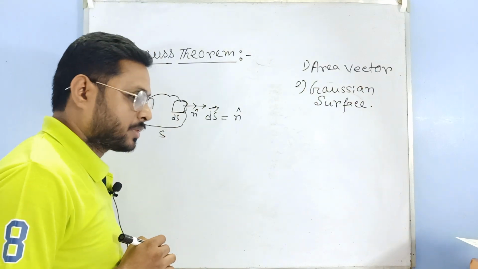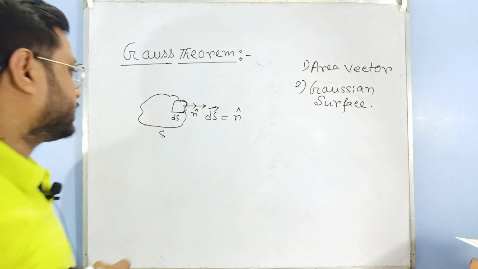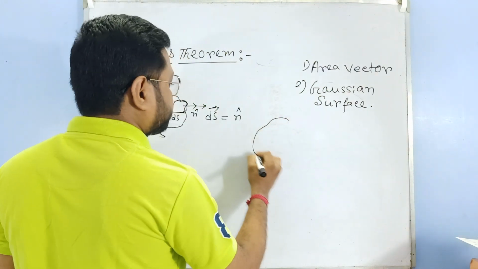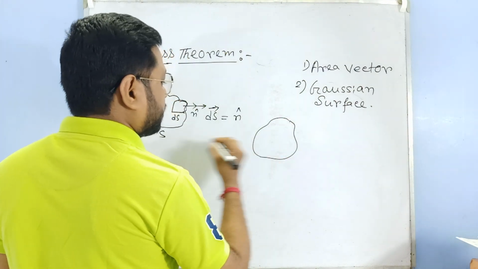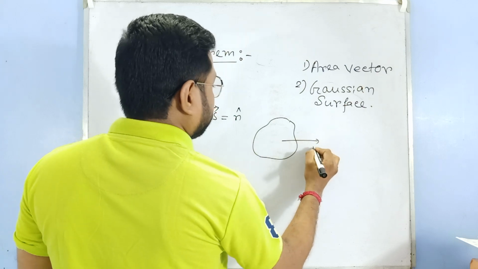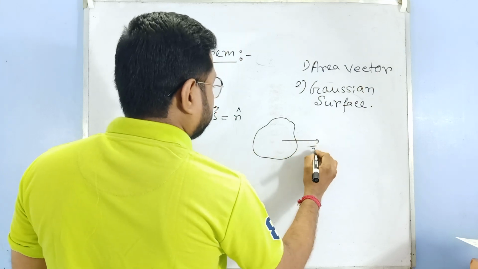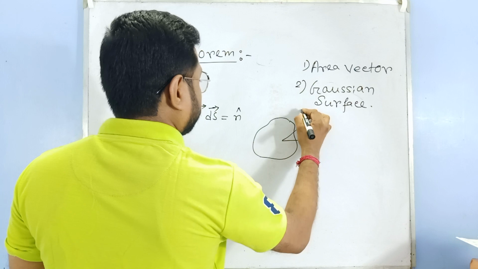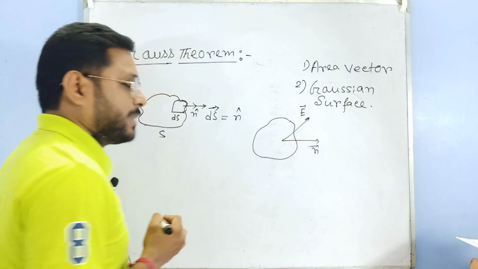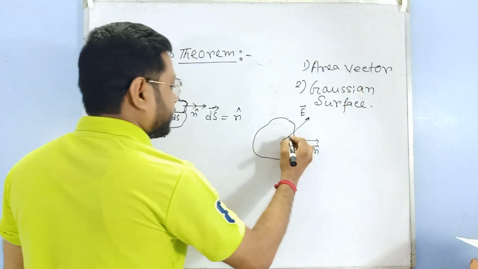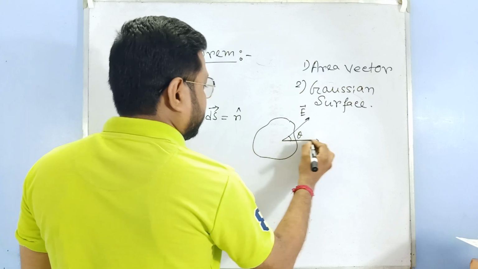Now we consider the electric field making an angle theta with the area vector.